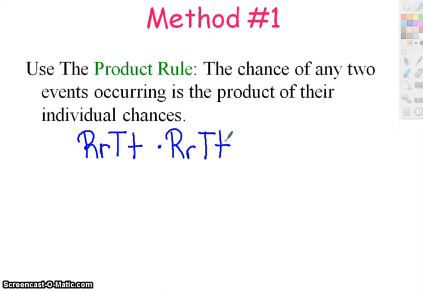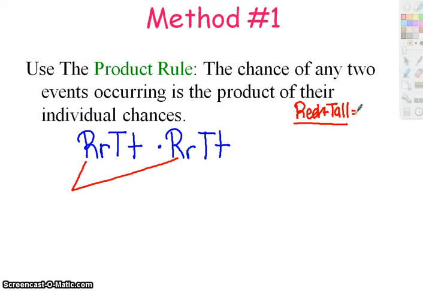So this is what your original parents look like. So using the product rule, rather than trying to work with R's and T's at the same time, we're just going to separate them back out and do the crosses one at a time. So we can start by finding out, and our question was, what are the chances of having an offspring that are red and tall? That was what it was originally asking us to do.